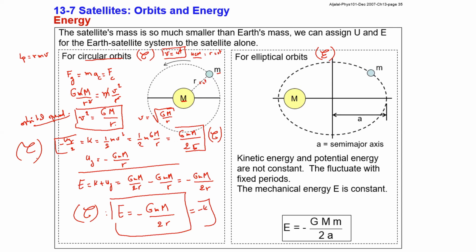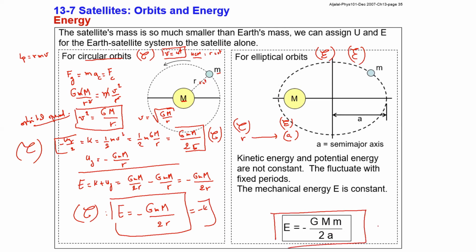Now let me generalize it to an elliptical orbit, E. For an elliptical orbit, the mechanical energy is not minus G M m divided by 2r; I just replace r by the semi-major axis a, so it is minus G M m divided by 2a.